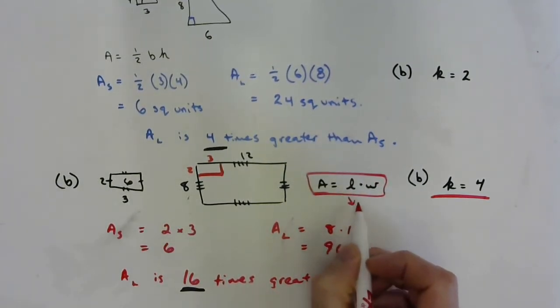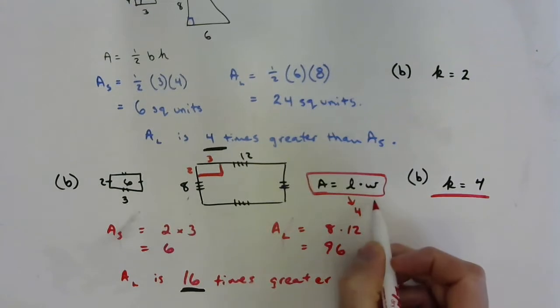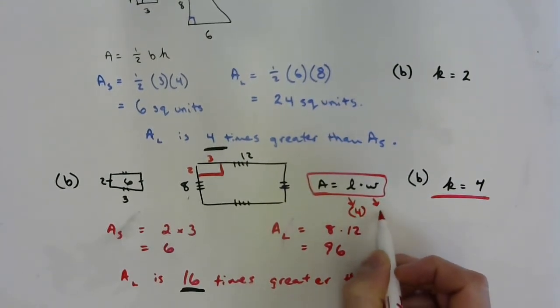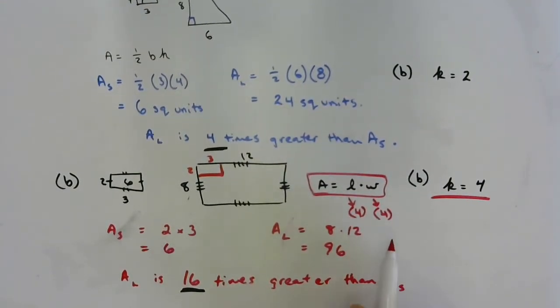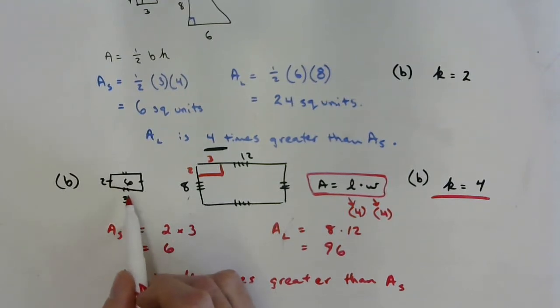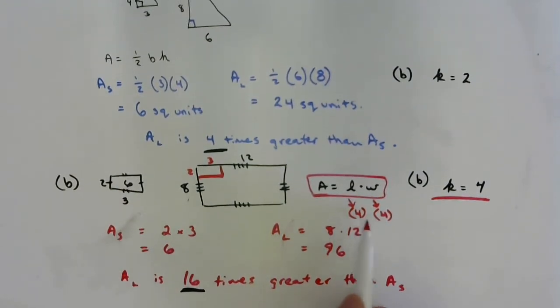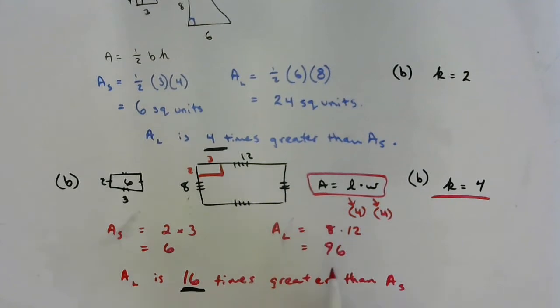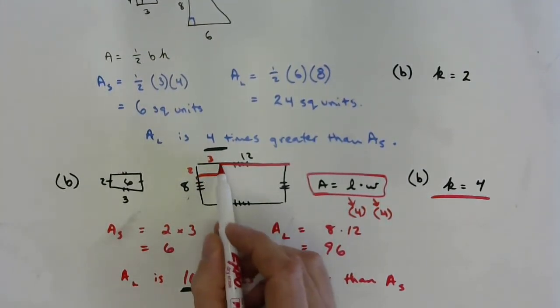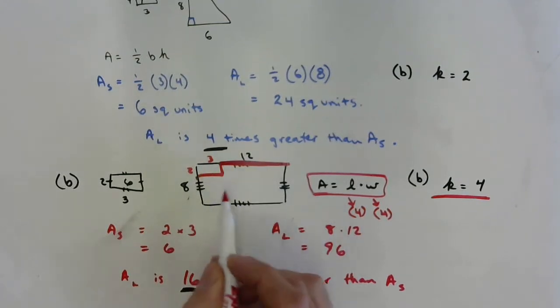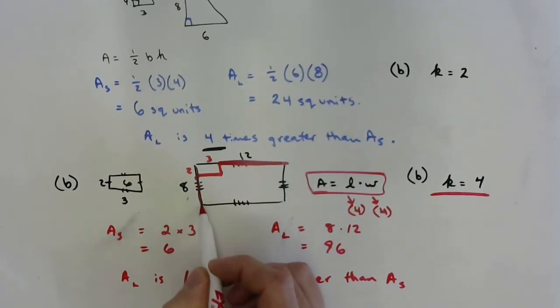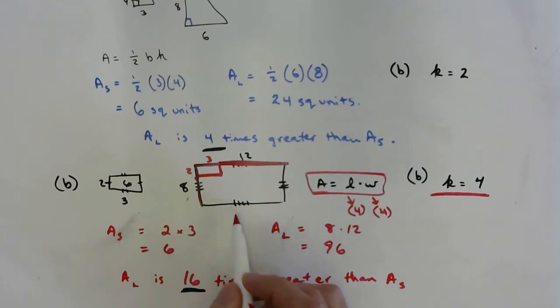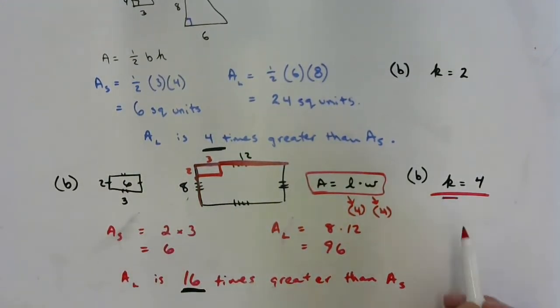So if the length gets multiplied by 4 and the width gets multiplied by 4, we're actually multiplying our original area by 2 factors of 4, by k squared. We're going to have 4 times this length, and 4 times this length. So it's getting multiplied by 4 twice, k squared. Does that make sense to you guys?